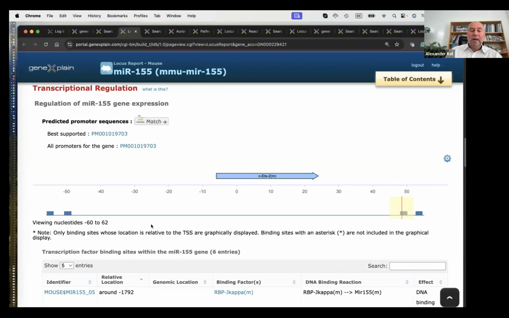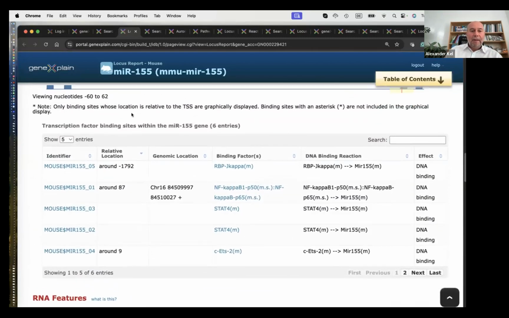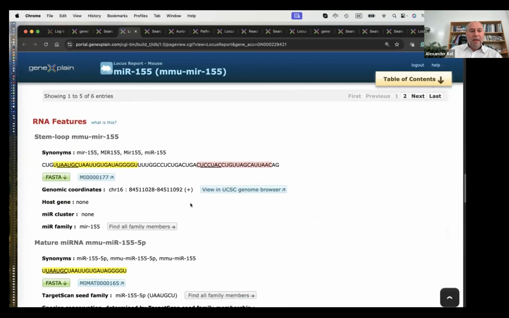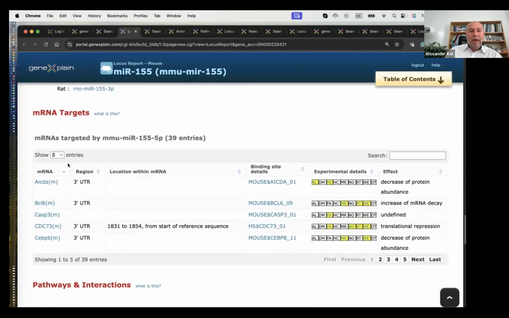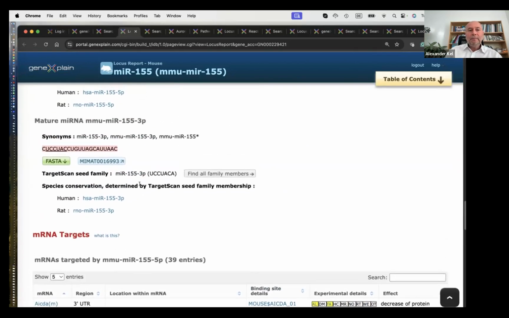All this information is collected in TRANSFAC, and it also comes from ChIP-seq experiments. Then we have features of that microRNA, and of course a list of targets of that microRNA in TRANSFAC. All right. Okay, another question.